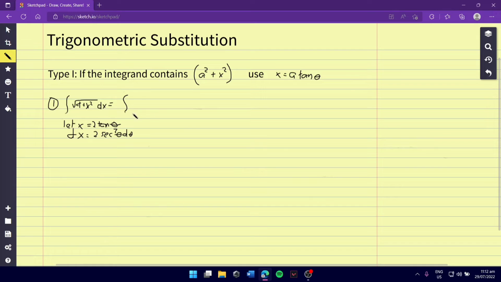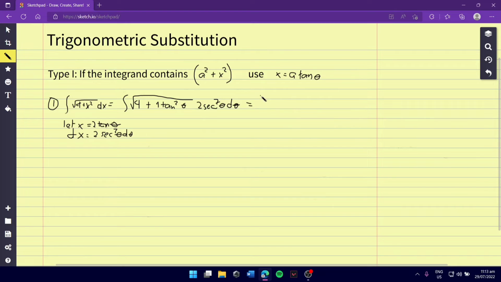Next, we will substitute x in our integrand. So we have the square root of 4 plus, since this is squared, we will square the 2 here, so this is 4, and then tangent squared theta. And then our dx is 2 secant squared theta d theta. Since we have a common factor, we will factor out 4 because that is our constant and it is common in both terms.